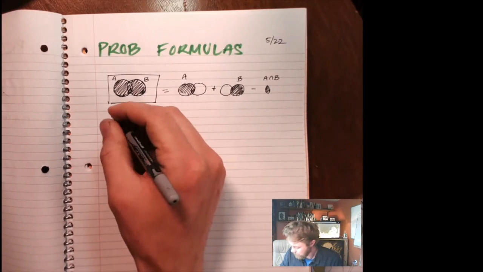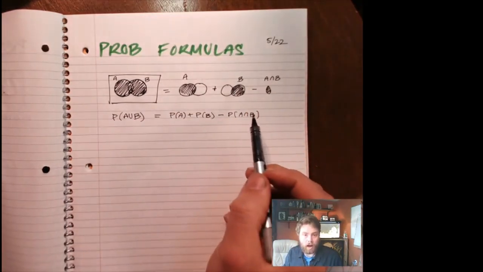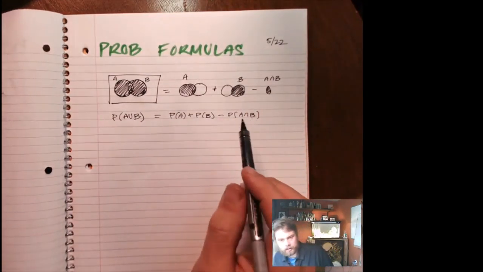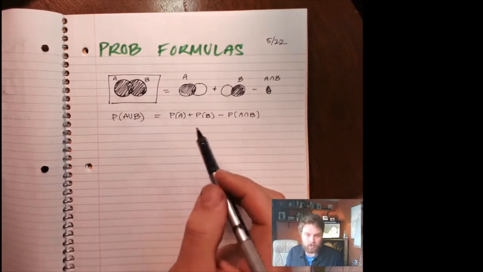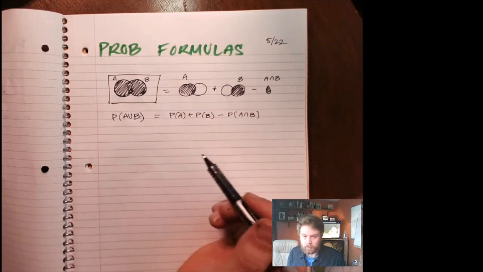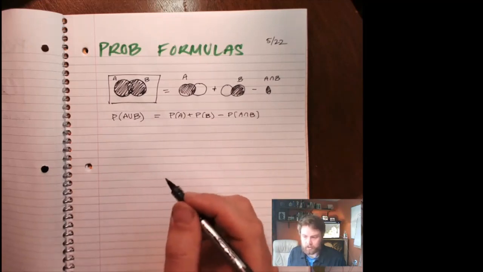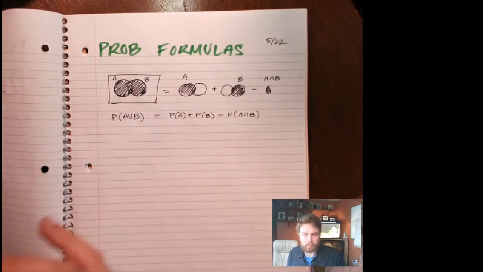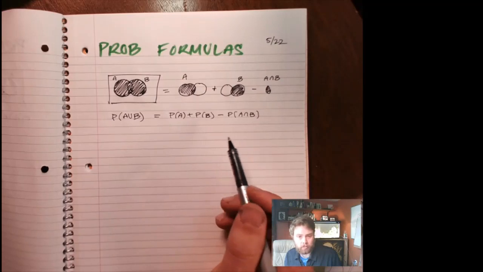So that's the first formula. Now how we calculate this intersection gets a little bit trickier. There are two types of probability. There is independent probability, like your coin flips and your dice and your spinners, things that are based on geometries or very predictable theoretical probabilities.